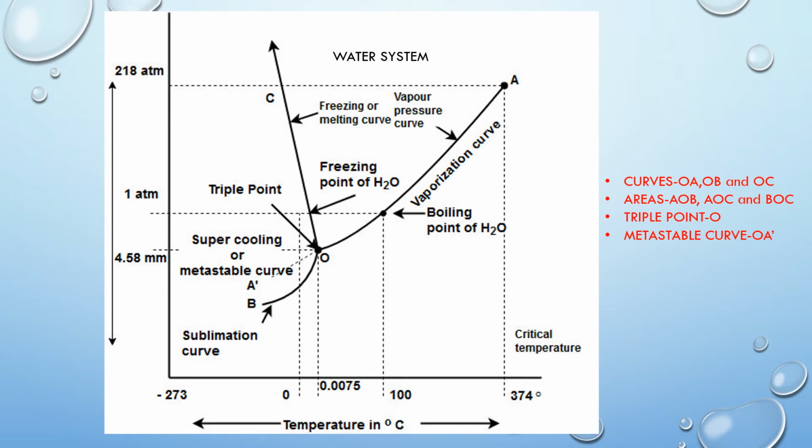The areas in the diagram AOB, AOC and BOC represent ice, water and vapor phases of the water system. The curves OA, OB and OC meet at the point O where all the three phases ice, water and vapor coexist. This is the triple point.